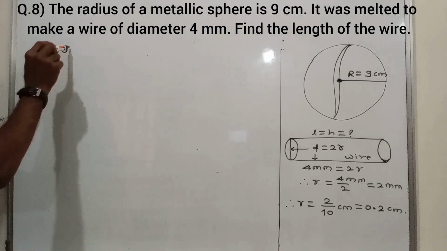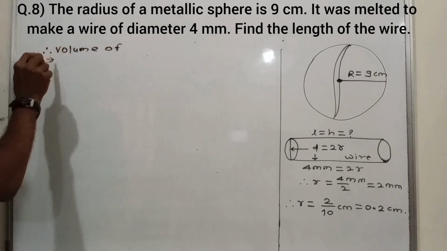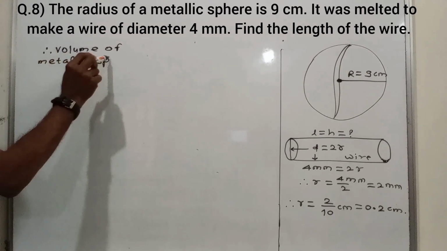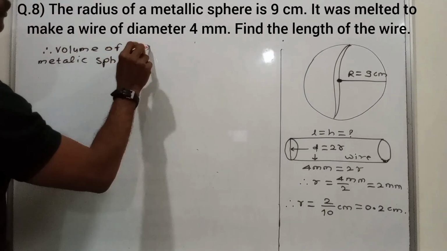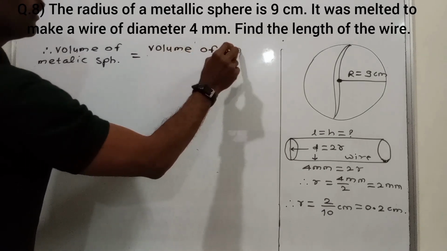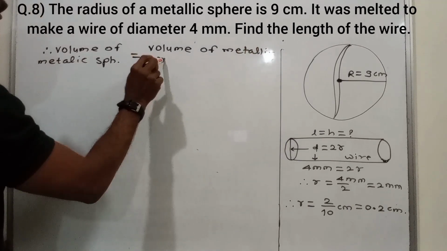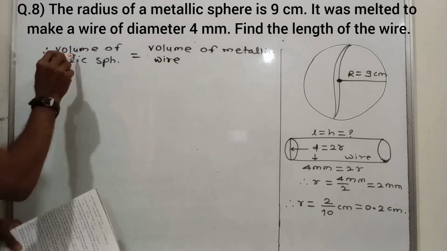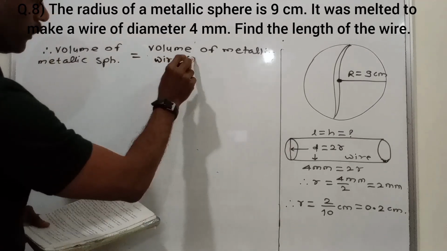Therefore, volume of metallic sphere is equal to volume of metallic wire. Metallic wire means that it is cylindrical.